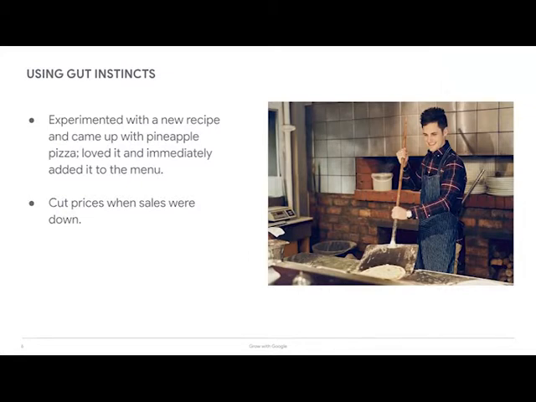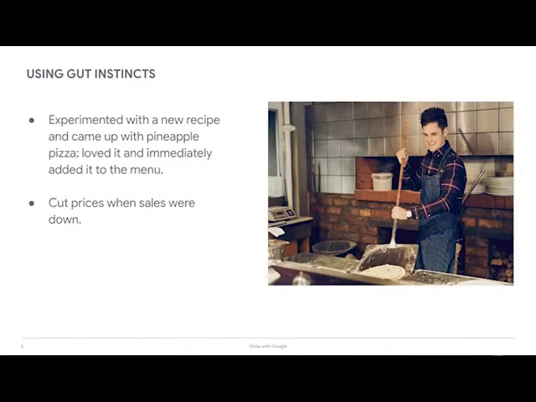And you probably could think of many that you've made in your own business, or maybe ones that you've thought of that you never actually put into play. Another type of gut instinct that might be familiar to you is cutting prices when sales are down. James did that as a way to help his overall revenue growth.